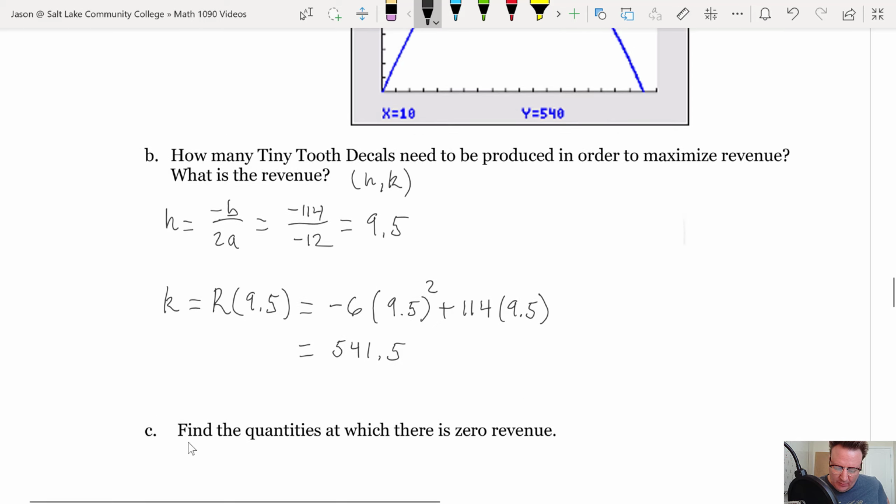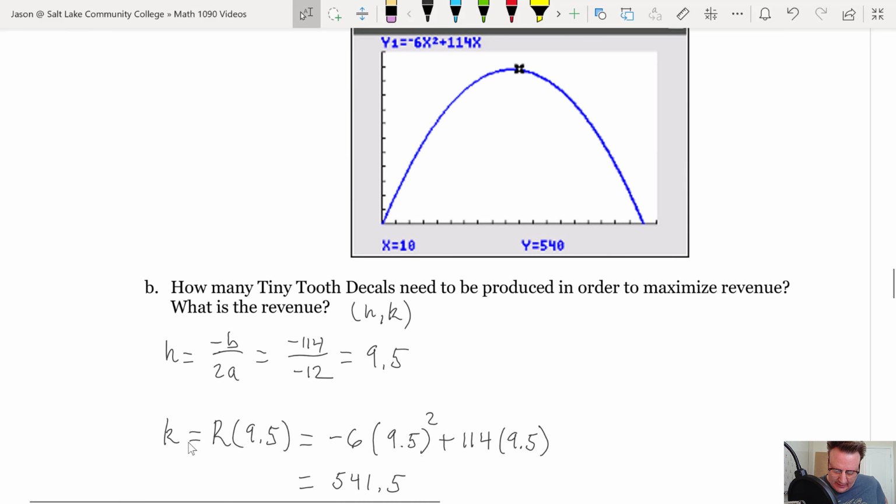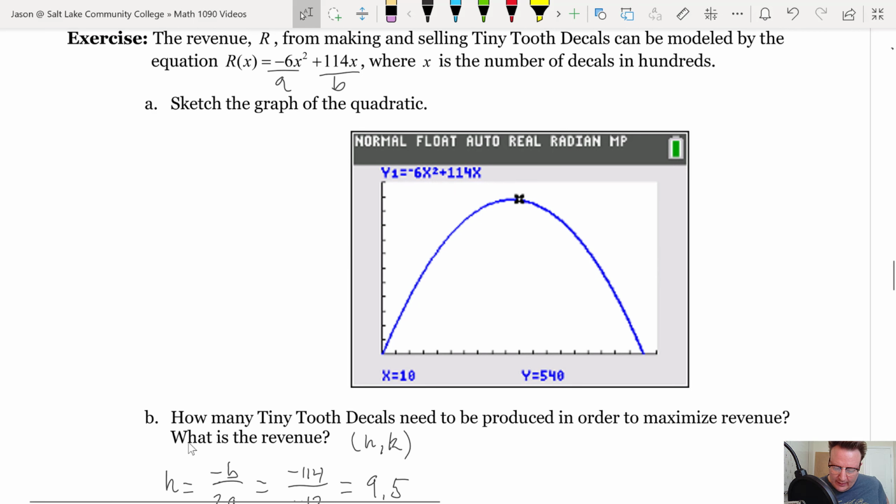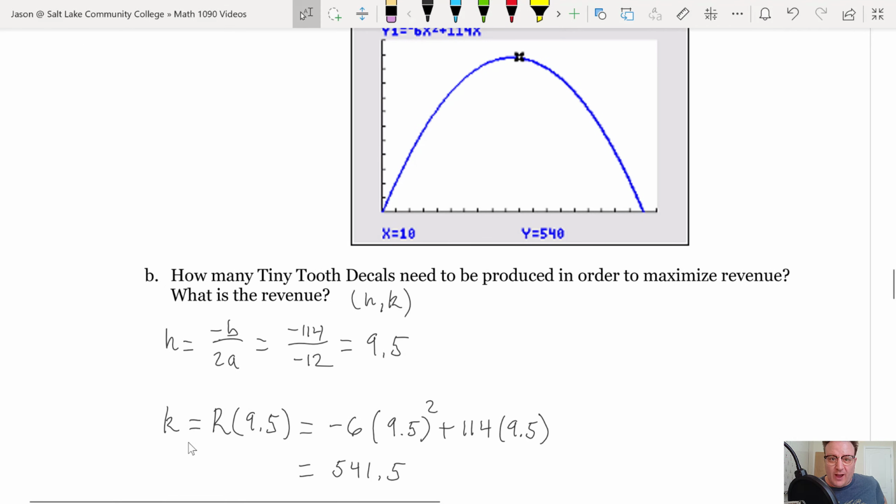Okay, so we're going to remember that this h and k, these are x and y values, right? And x is the number of decals in hundreds. So it's not just 9.5 decals that we've got to produce and sell. The way you should think of it is quantity is 100 times x, because we're measuring x in hundreds of decals.